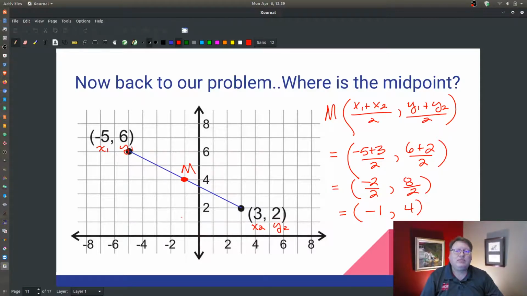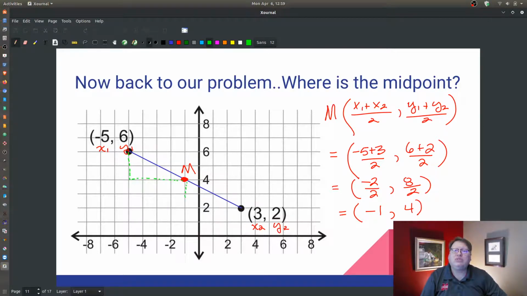Now I hope you'll notice something here. You guys know about slope, right? And we know the slope between 2 points on a line has to be the same. So all you have to do is look at this, and I can count over. Right here, that's down 2, right 4.